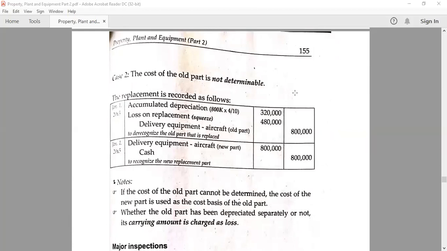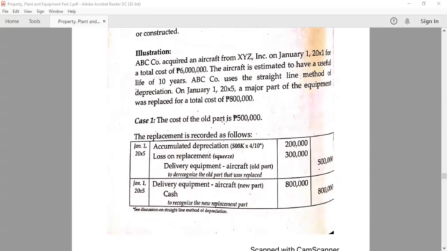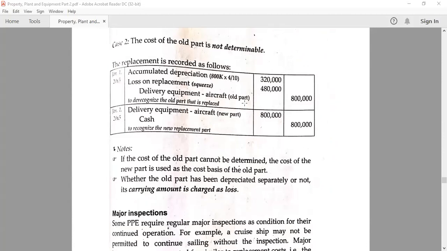What if it is not determinable? What we can do then is use the cost of the new part, so it's 800,000 instead of 500,000. But if we don't have, for example, the 800,000, we can also use similar assets and we have to discount. That's also another option, but it's not shown here.